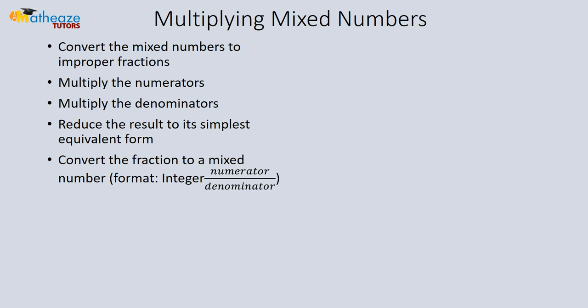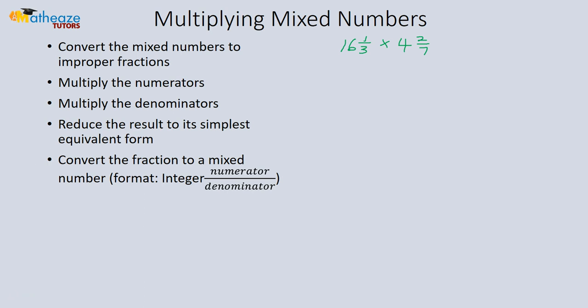Some more examples. So we're going to look at 16 1 over 3 times 4 2 over 7.